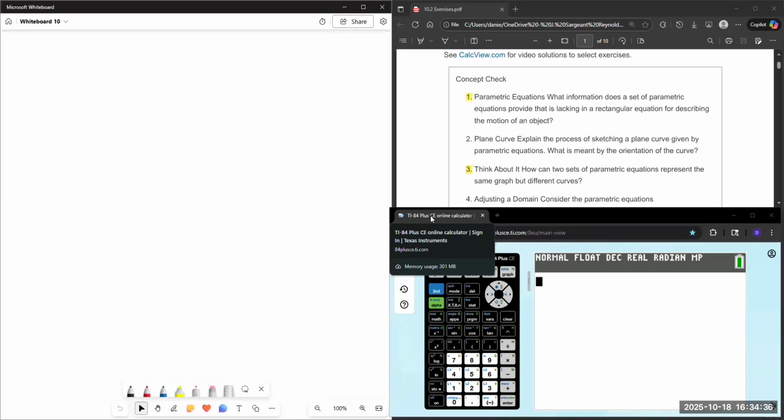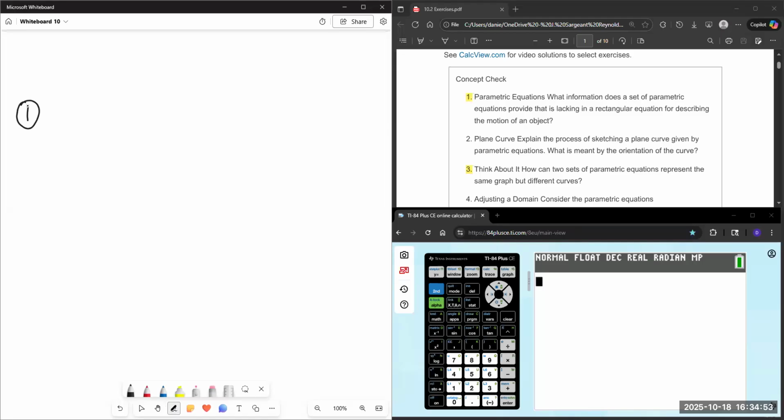Let's go ahead and ask the first question here. What information does a set of parametric equations provide that is lacking in rectangular equation form for describing the motion of an object?